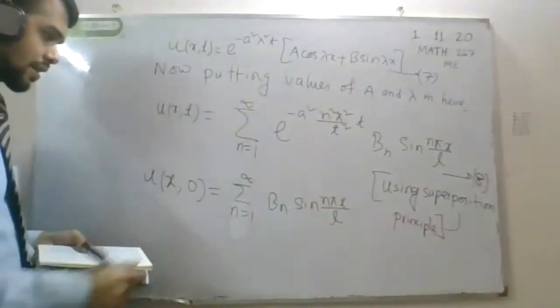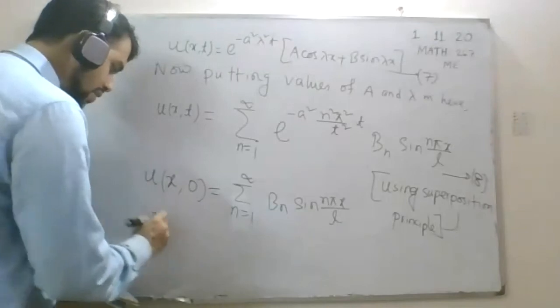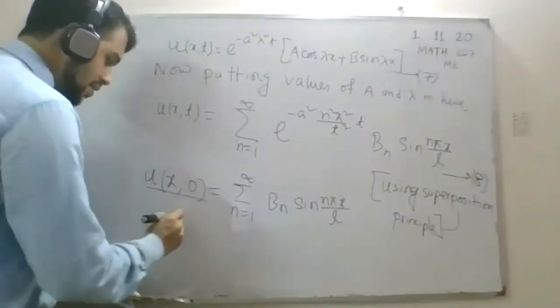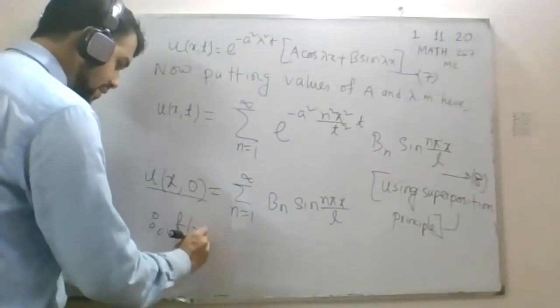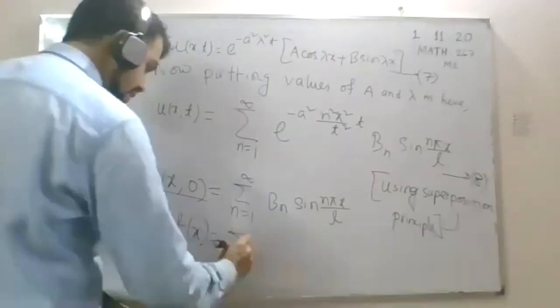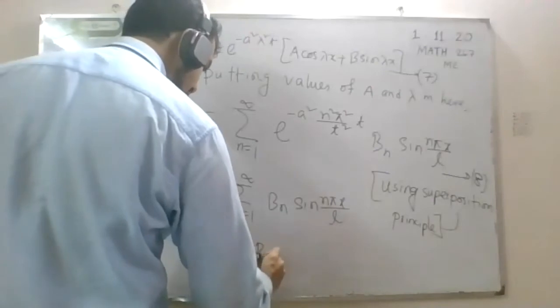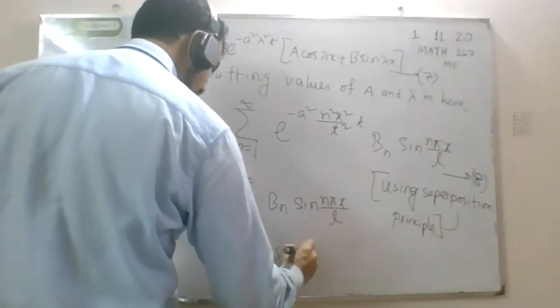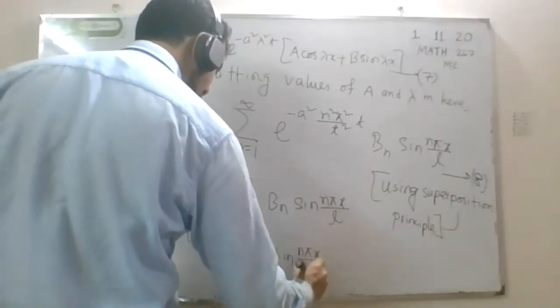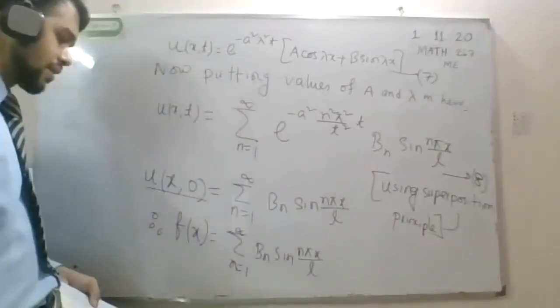So from here our condition was u(x, 0) equals f(x), and you can say this is summation n equals 1 to infinity d_n sin(n pi x / l), okay.